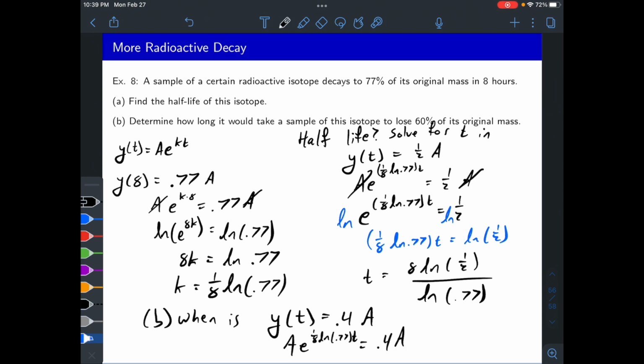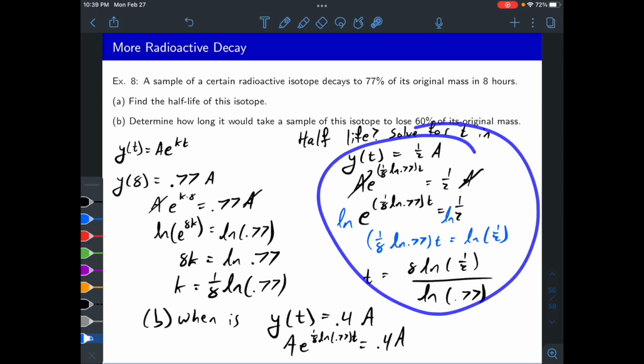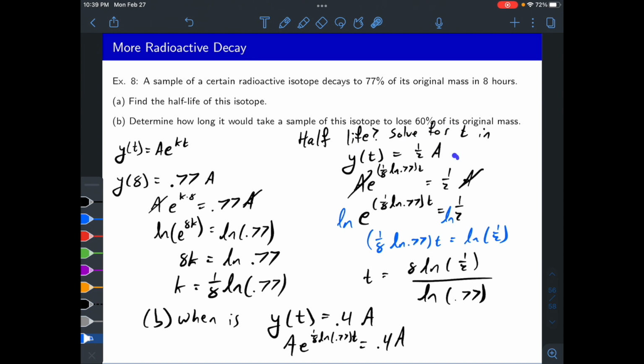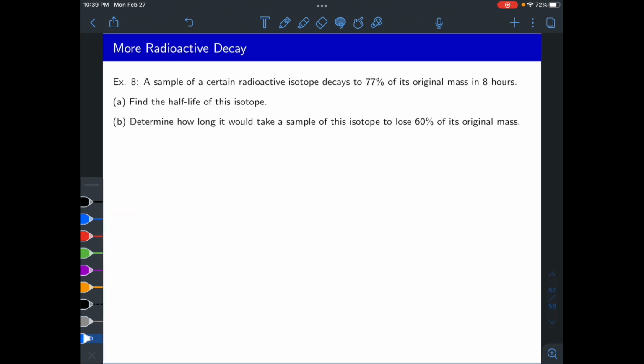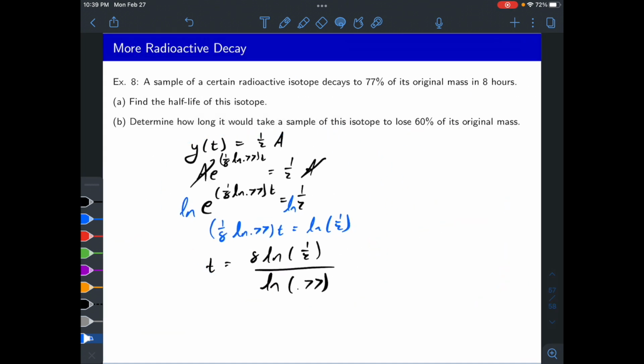And then our steps are really going to be almost exactly the same as we had up here, but instead of a 1/2 on the right-hand side, we're going to have just a 0.4 on the right-hand side. So I could literally just take this whole thing and say, well, we're solving when does y of t equal 0.4 times a.